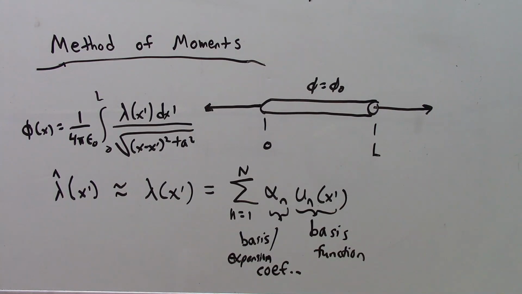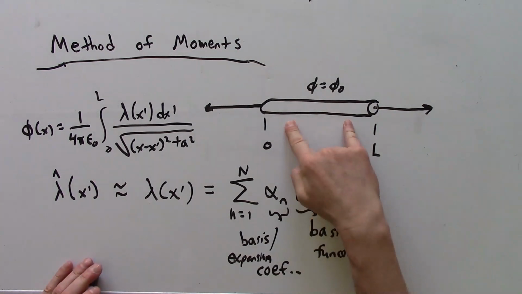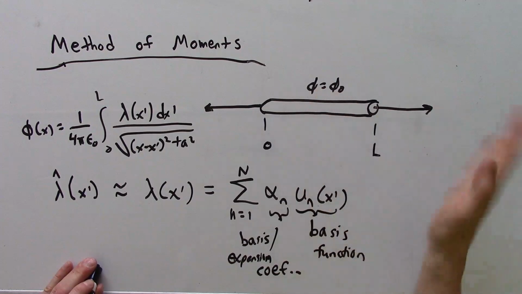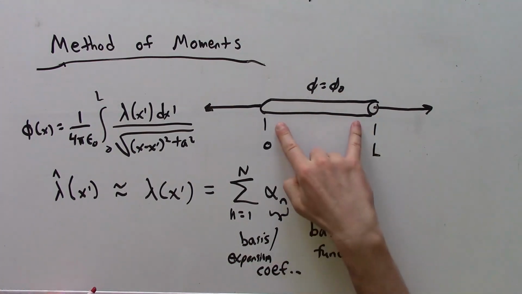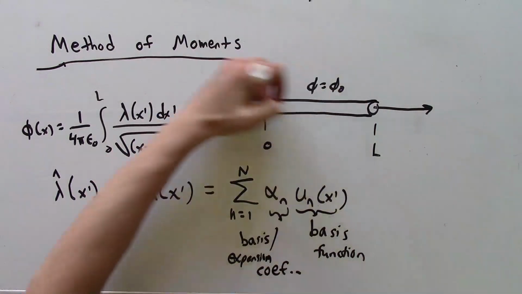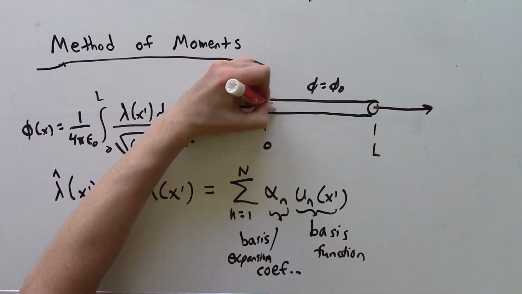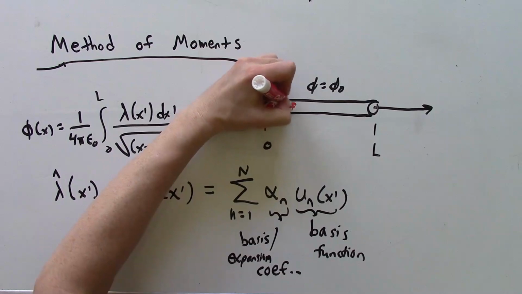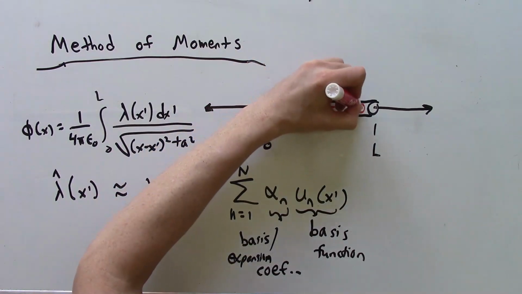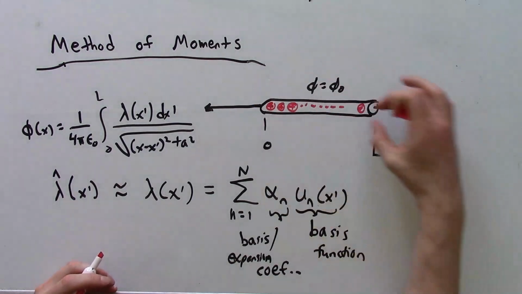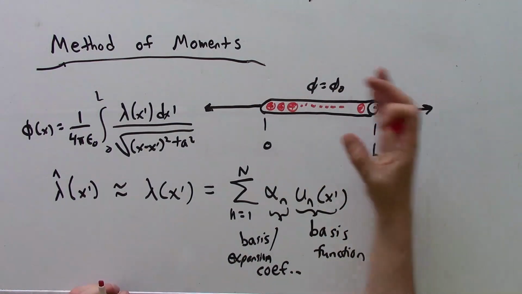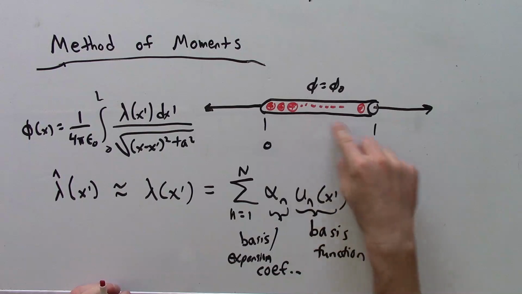What we're going to do is imagine taking this continuous wire and chopping it up into tiny, manageable chunks. For example, what if instead of this continuous charge distribution, there was a point charge here and a point charge here and a point charge here, all the way out to the end. That would be basically taking this continuous linear charge density and approximating it as little discrete point charges.